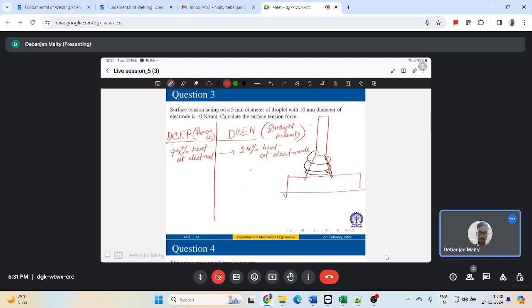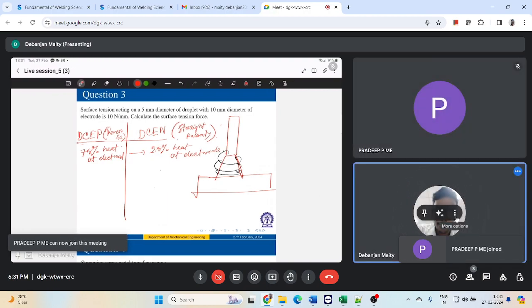That starts melting, and it takes a spherical shape and hangs towards the job. Then because of those forces, either it will detach from the electrode, or it will retard, or it will keep its same position, right? Now, the size of the droplet, characterizing that metal transfer, we will go through, with different kinds of metal transfer.